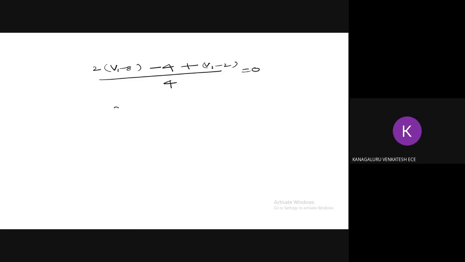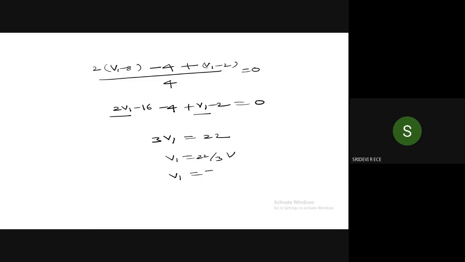Simplify that: 2V1 minus 16 minus 4 plus V1 minus 2 equals 0. How many times V1? 3 times. 3V1 minus 20 minus 2, that is 22. Therefore, V1 equals 22 divided by 3 volt. So how much will you get? 7.3, sir. Very good. I think 7.33 volt you will get.